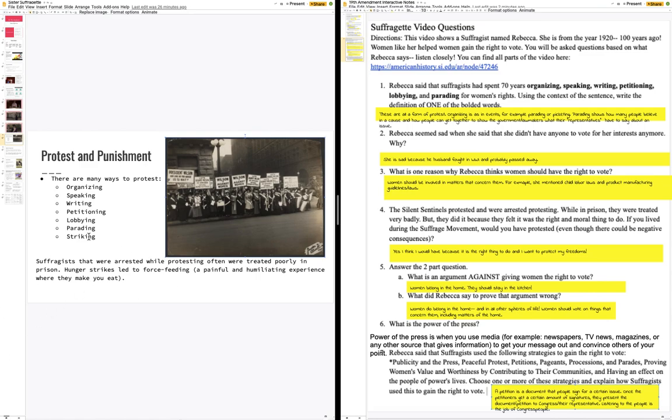The same thing with striking. So striking is when you stop doing something, usually when workers stop working in exchange for getting money. So when somebody stops doing something in exchange for something else, workers will stop working to get more money. The same thing kind of happens with women's rights.